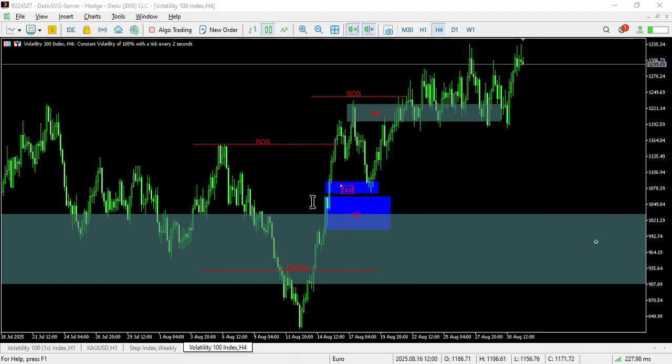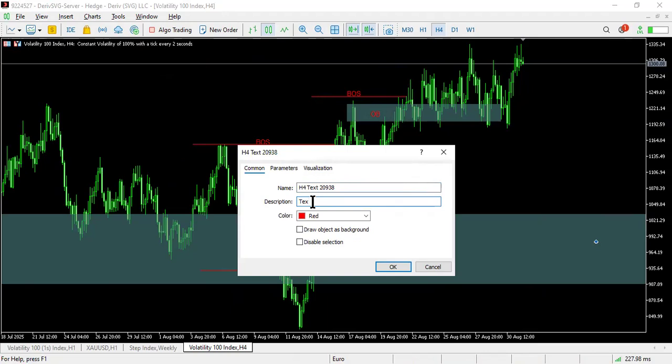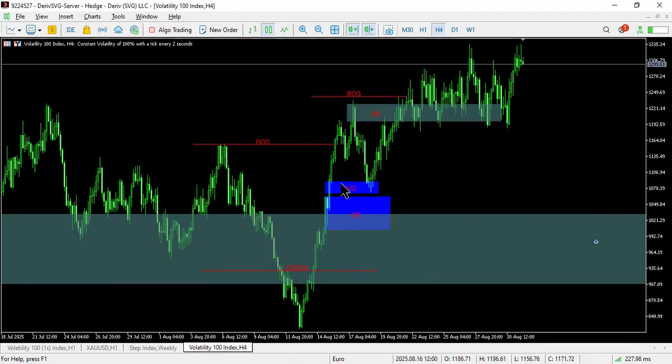So it's always important that you study whatever instrument you're trading. Know how it reacts, whether it reacts well off the FVG or the order block. So for this case, it reacted off the FVG. And then we had a break of structure, and then our order block from the 4 hours.